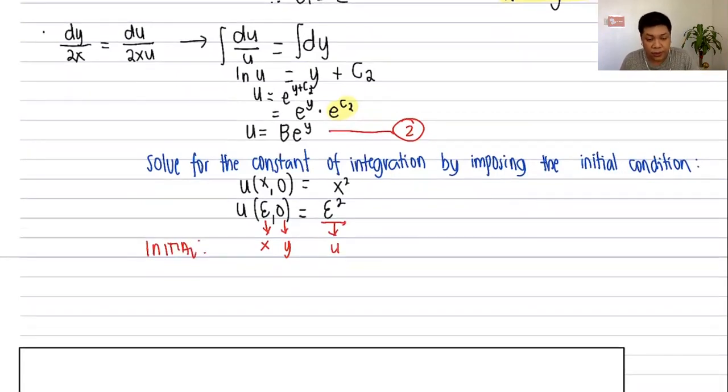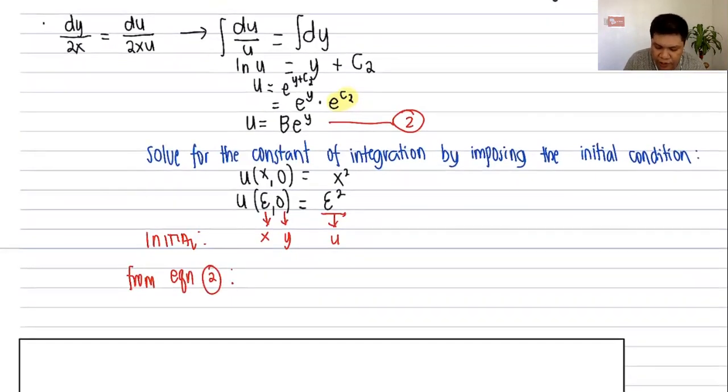Therefore, from equation number 2, I should now be able to solve for b. u is equal to b e raised to y. So u is just equivalent to, we said, epsilon squared. That's the initial condition. Is equal to b, that's an unknown which we are solving, e raised to y, so e raised to 0. e raised to 0 is 1.